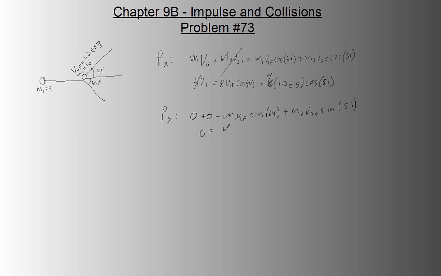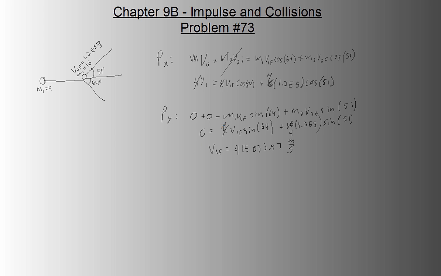So 0 equals 4 v1 final sine 64 plus 16 times 1.2 e to the 5 times sine 51. The 4s cancel like that. So we get v1 final by rearranging this algebraically. I'm going to skip all those steps, you guys can do that. And you get 41503.97 meters per second.